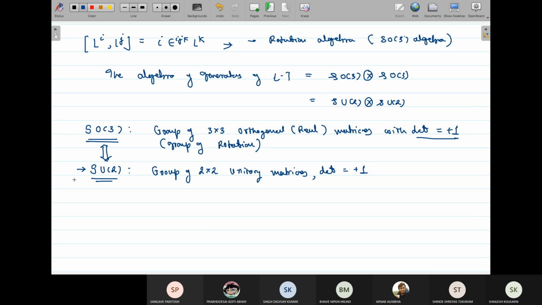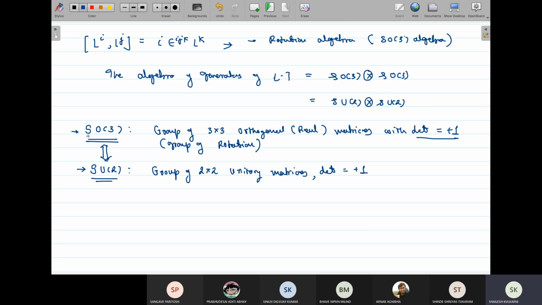One can use those matrices, exponentiate them appropriately with a parameter, and that will generate the rotation in the space of your two components. That transformation is the same as the rotation.